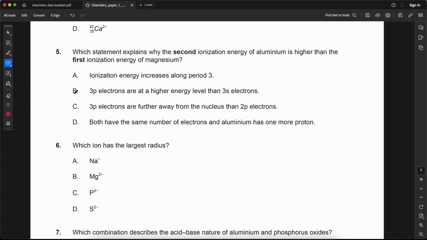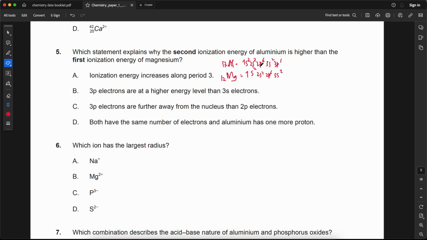Which statement explains why the second ionization energy of aluminum is higher than the first ionization energy of magnesium? For aluminum, that would be 1s2, 2s2, 2p6, 3s2, 3p1. And for Mg, that would be 1s2, 2s2, 2p6, 3s2.